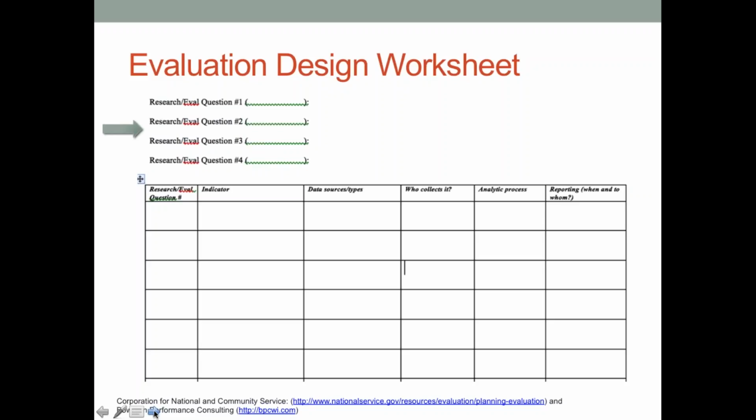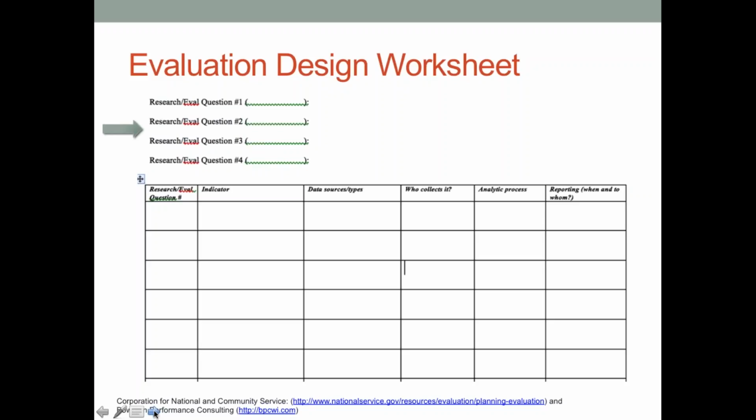The other part of it is how big is your project, and how big should your evaluation be? How much funds do you have set aside? I don't know what CNCS has, percentage-wise, if there is even one.